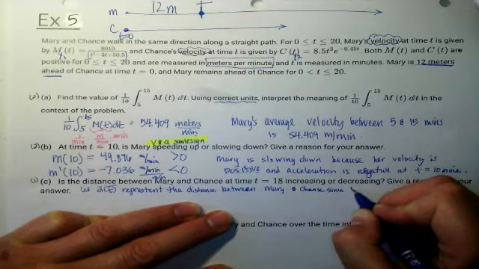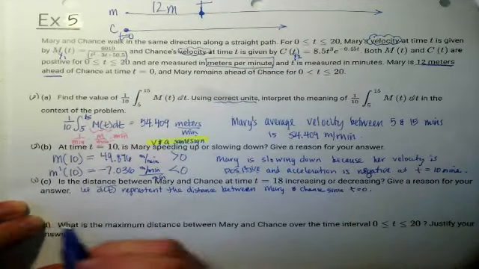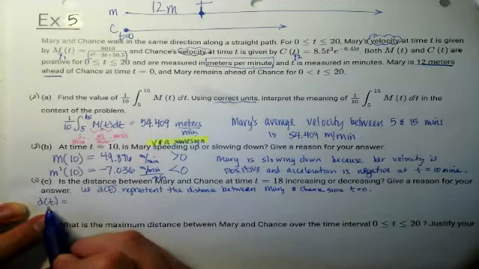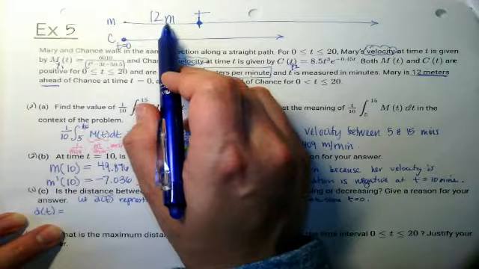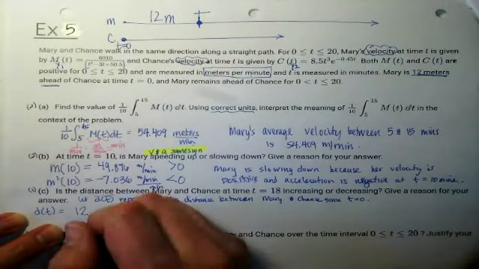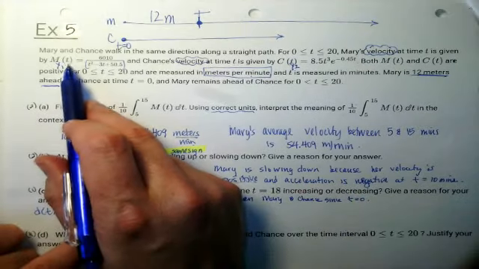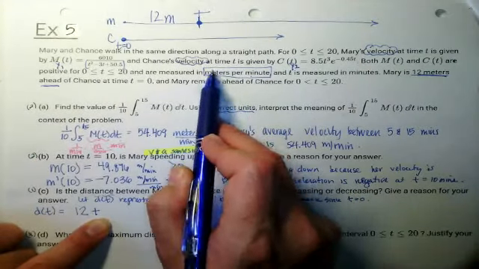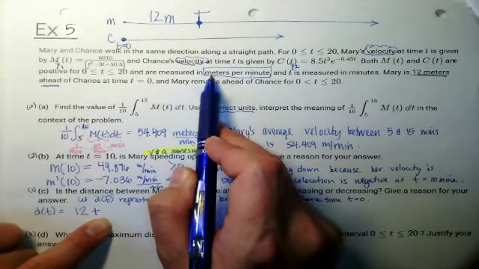Since t equals 0. So how do we get the distance? Well, the distance would be knowing that they started 12 meters apart. Mary started 12 meters in front of Chance. And I only know her velocity equation in meters per minute. But this is a rate, and if I integrate it, I'm going to get the amount of meters.